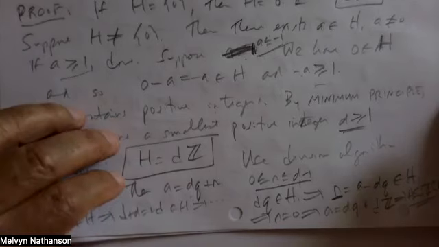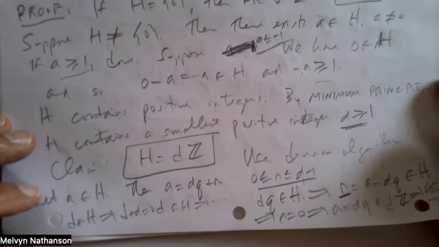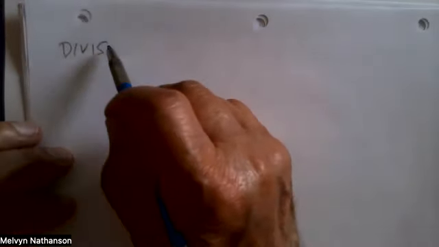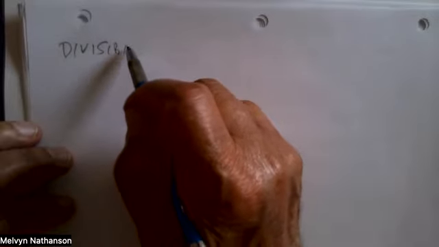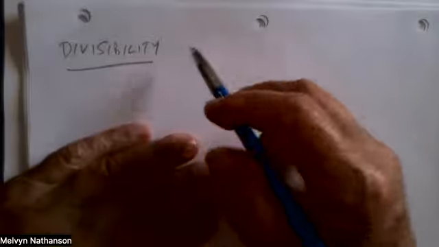So let me draw some immediate consequences of this, which indicates some of the reasons why this is so important in number theory. So in studying integers, there is the very basic notion of divisibility.